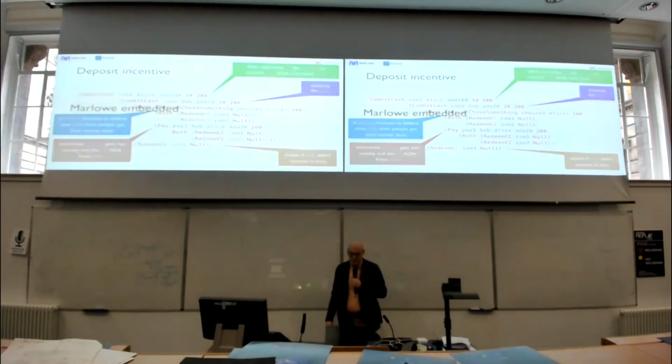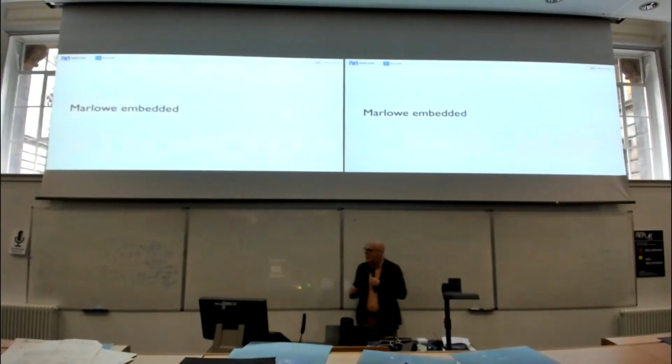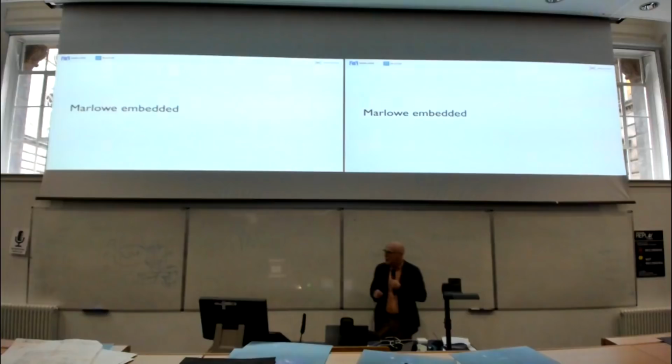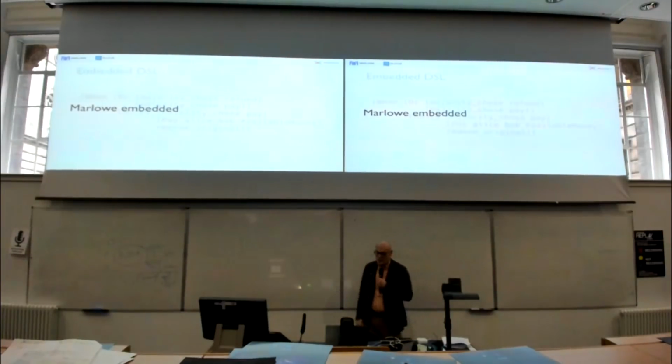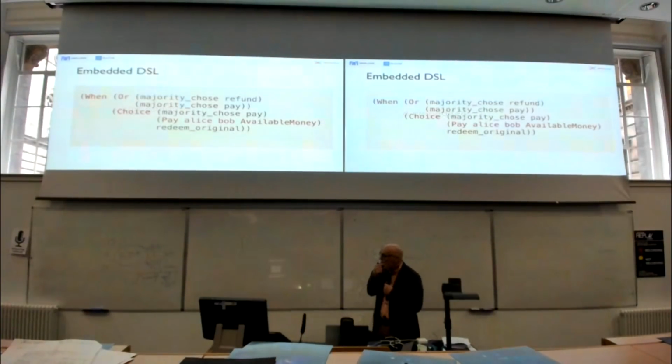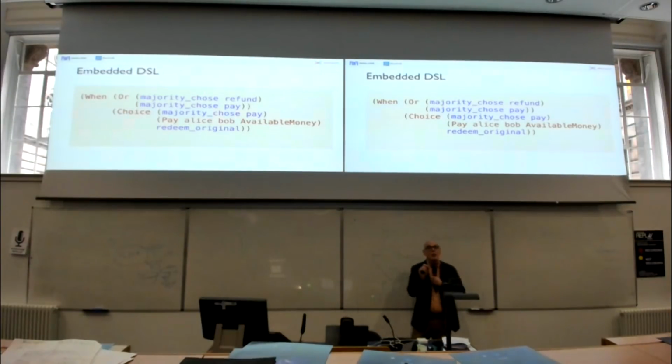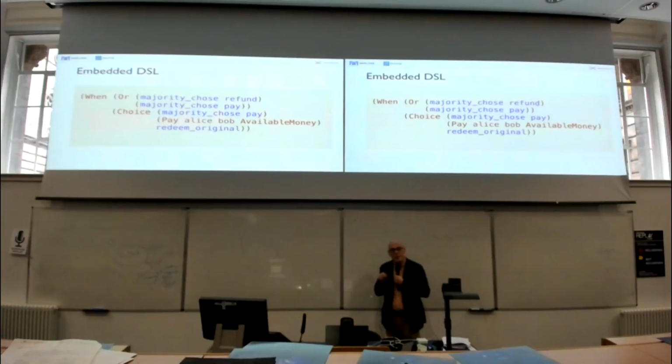Okay, so like that. Now let me say a tiny bit about what it means to embed Marlowe in Haskell. I was playing a tiny bit fast and loose earlier on when I showed you this contract, because in fact these things like majority, chosen, and redeem original are not things that are defined in Marlowe.